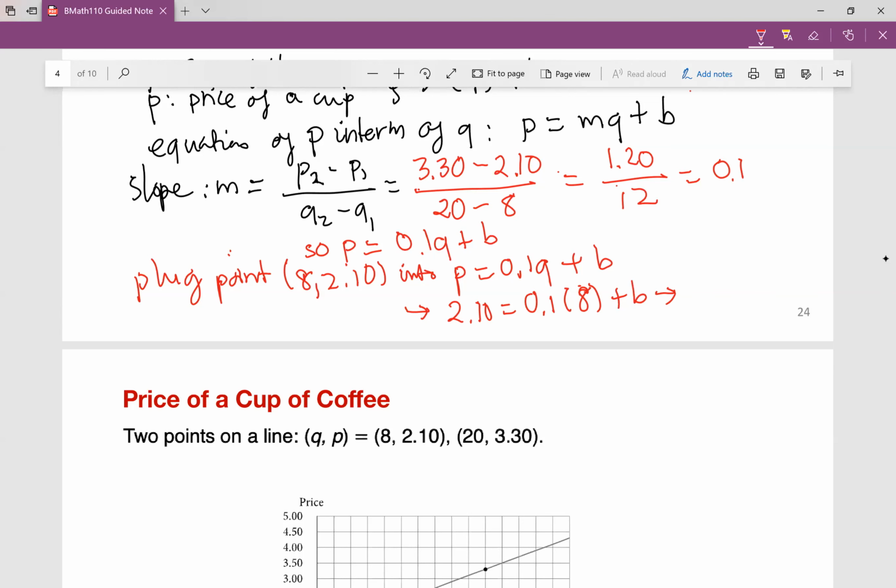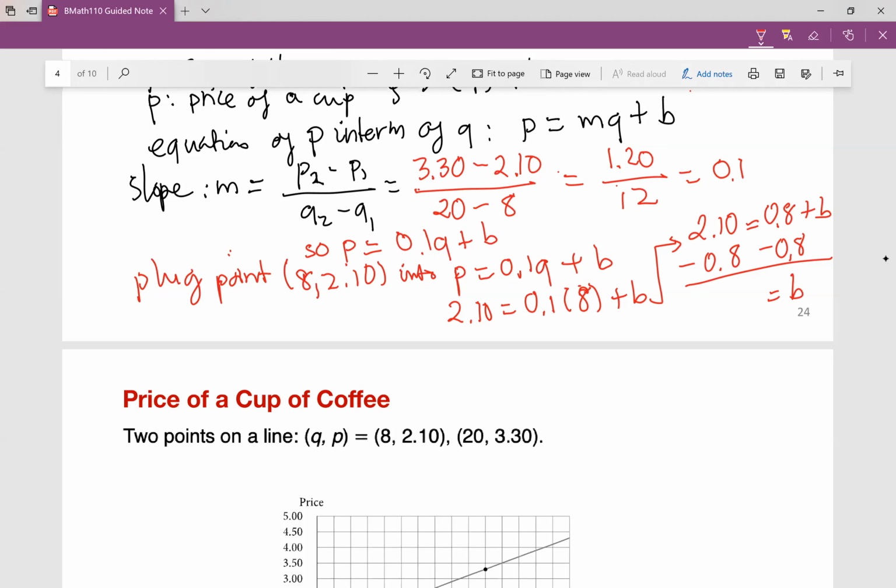So then you will have the left hand side become 2.1 equal to the right hand side become 0.8 plus B. Subtract 0.8 from both sides, you get B on the right hand side.